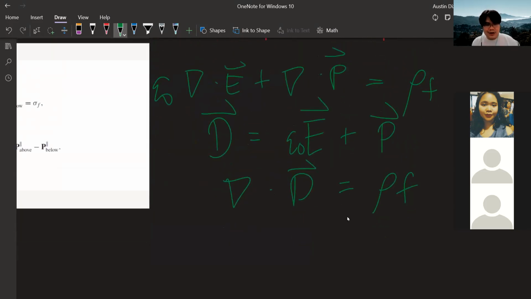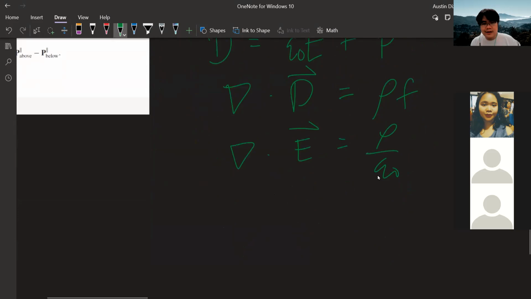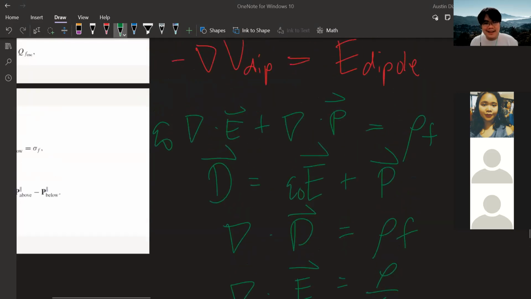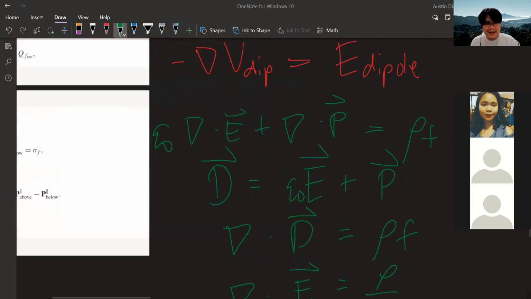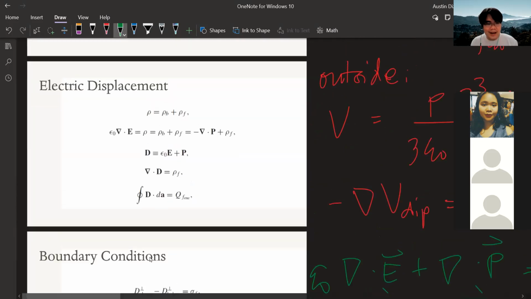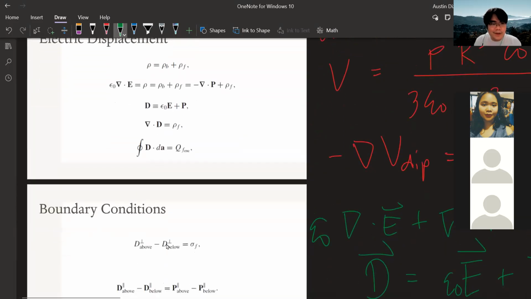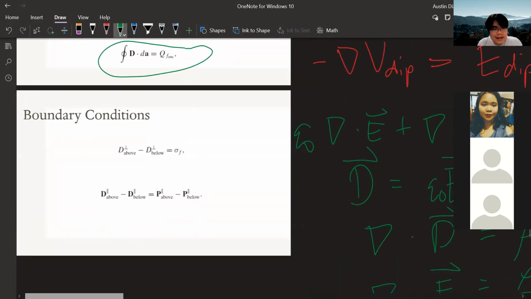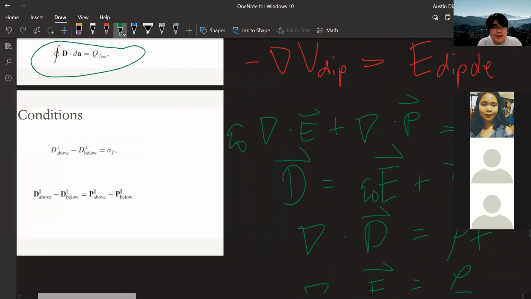Kasi 'di ba yung unang Gauss's law natin is rho over epsilon naught. Okay? So from here, makakagawa tayo ng Gauss's law for the electric displacement. Galing, di ba? So the integral form for that is given by this. Okay? So Q F enclosed. So yung mga ika-count mo lang will be the free charges that are enclosed.